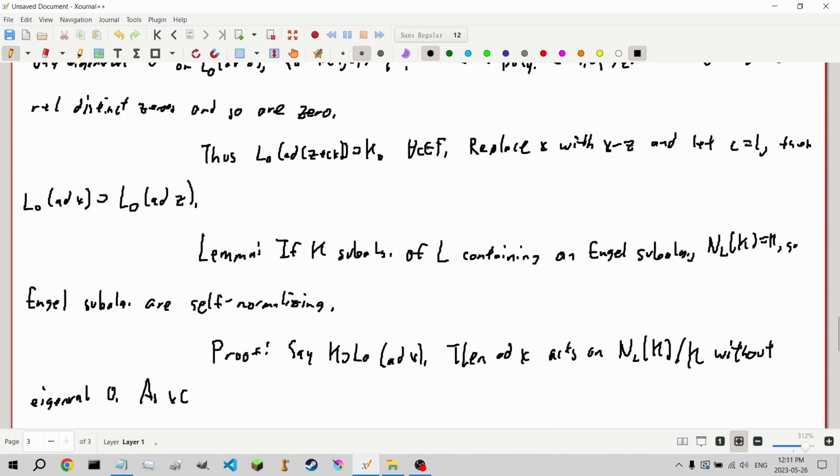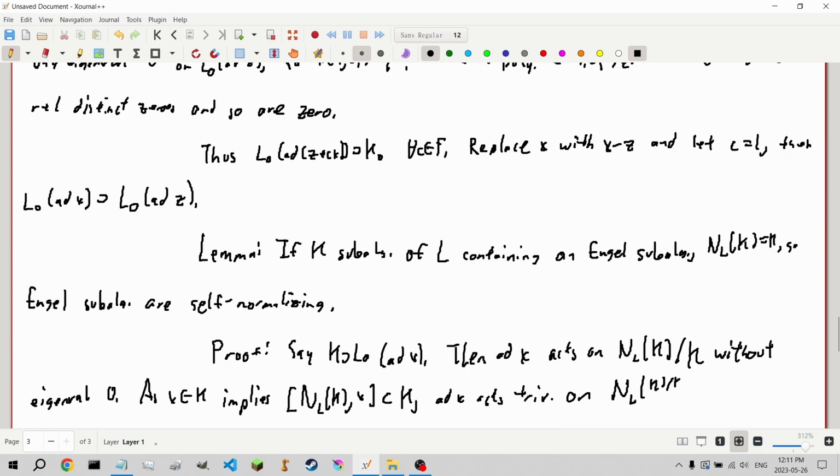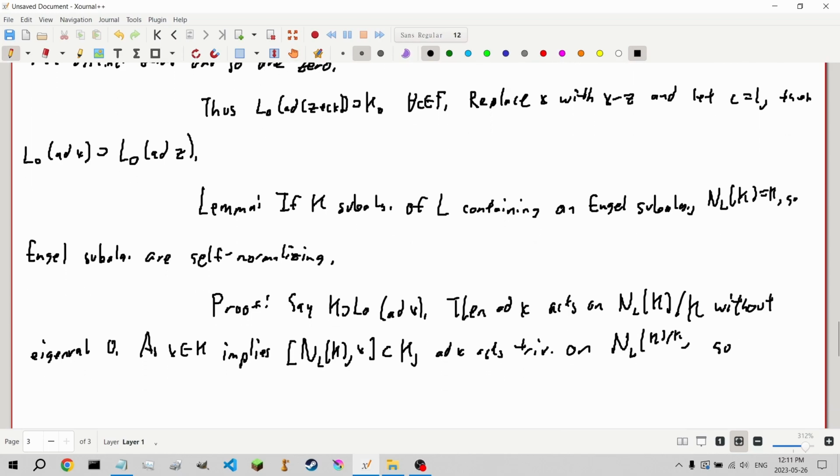As X in K implies the normalizer of K bracketing with X being within K, adjoint of X acts trivially on our N_L of K over K. So K must be equal to N_L of K, the L normalizer of K. And we're done that chapter.